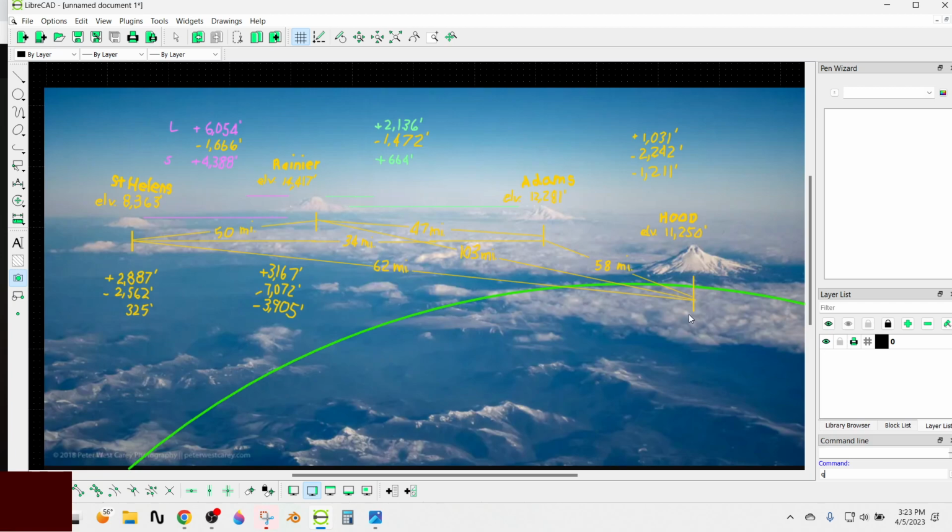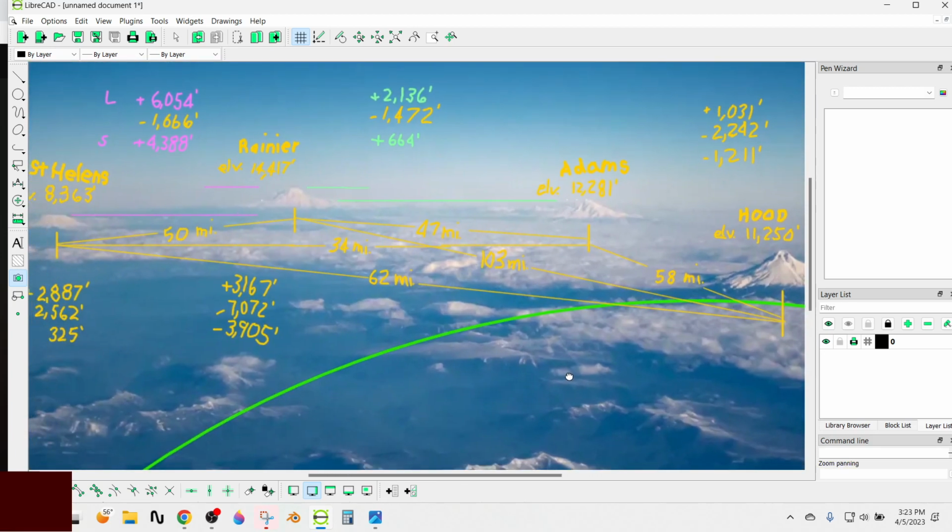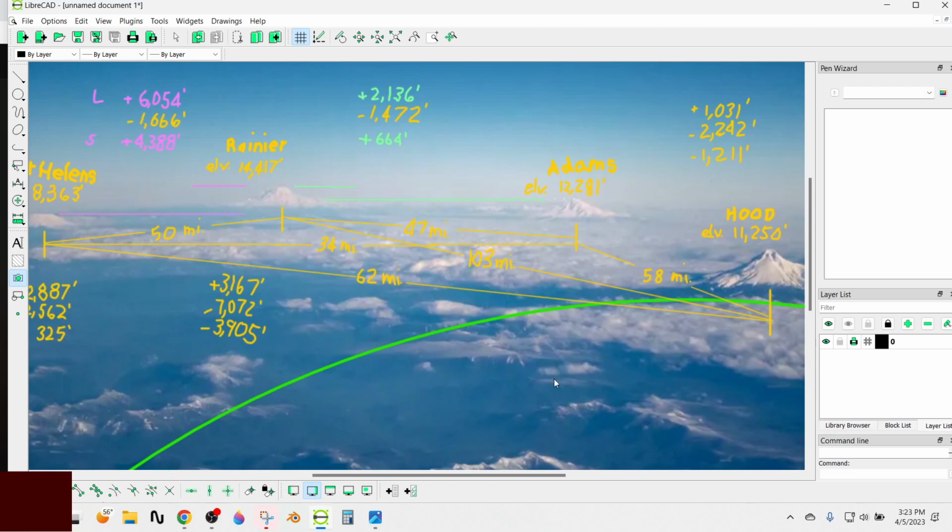Okay, now you'll also notice in this photograph that you have four mountains that are triangulated together. Mount Hood is connected to Adams, Mount Hood to Rainier, Mount Hood to Mount St. Helens.